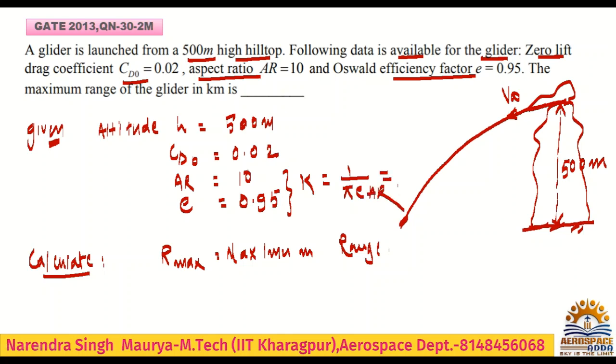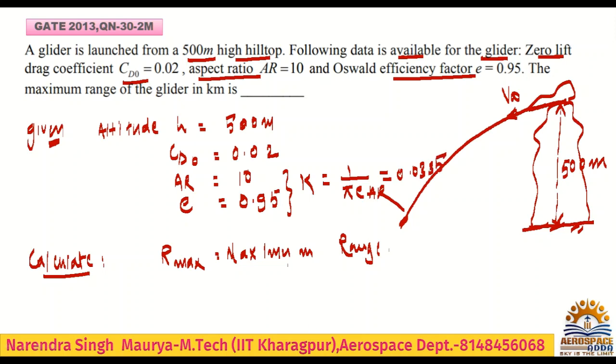Can you calculate? 1 upon pi times 0.95 times aspect ratio 10. It is nothing but 0.0335.